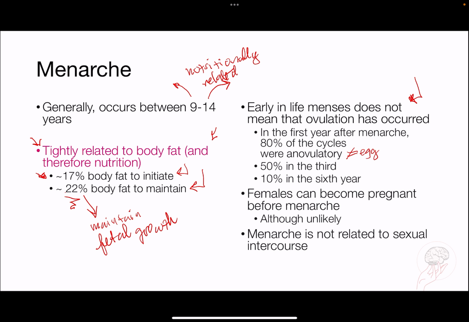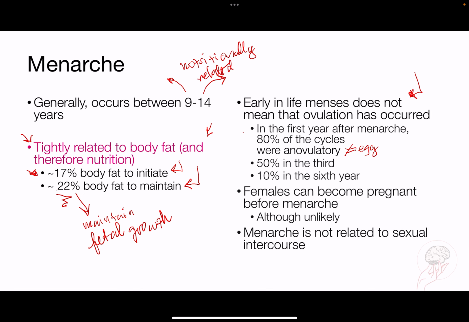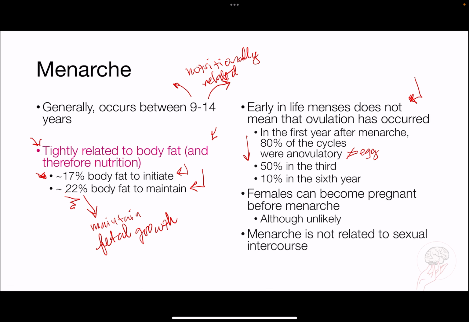As females age, they tend to ovulate more regularly, but it isn't really until the 6th year that they'll start to ovulate regularly. So, considering that a girl may be 14 when she starts, it isn't until she's 20 when she's actually reproductively mature.